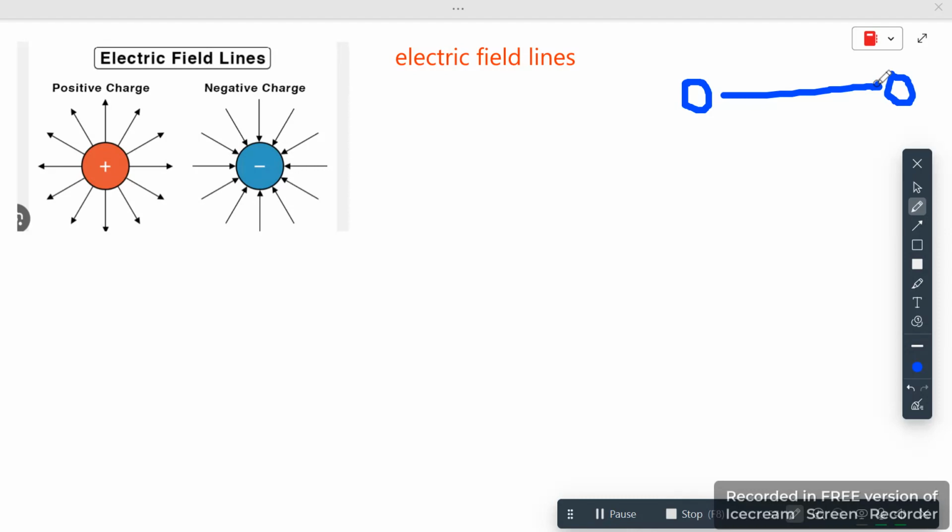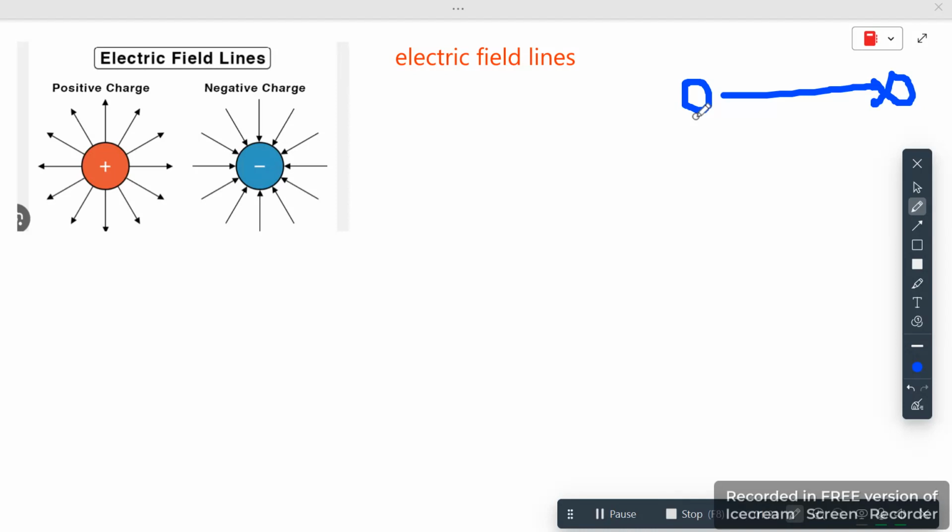I did not tell this in the last video, but if the charges are too far from each other, this means they don't have any kind of repulsion or attraction.